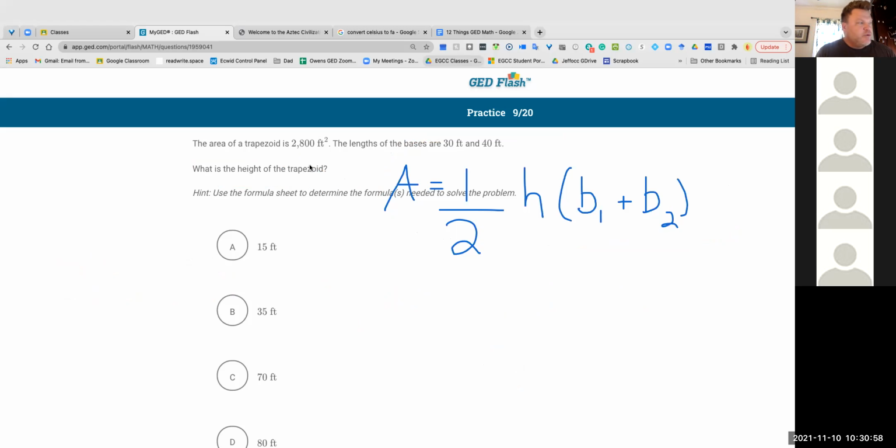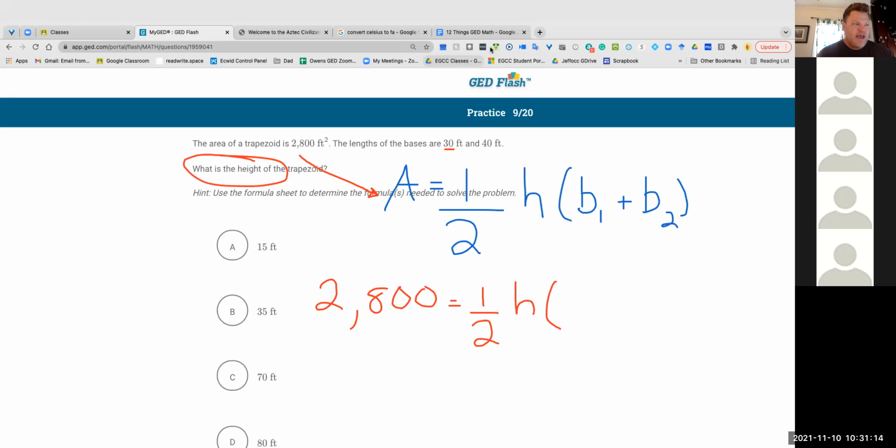This is all the information we need. It was 30 and 40, and we plugged everything in. That's the area. They gave us the final, but we have to figure out one of the ingredients, which is the height. And then we added those two things together in here.